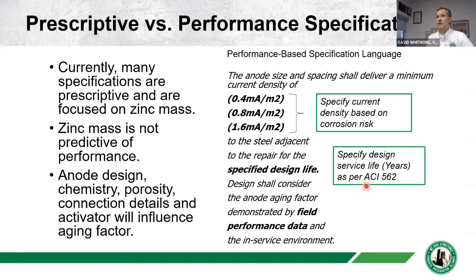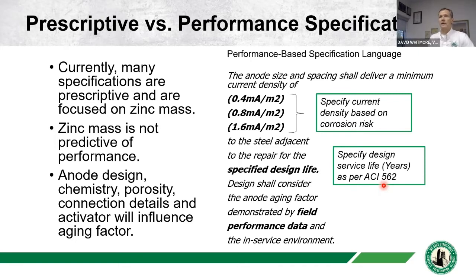ACI 562, which is the concrete repair code, has introduced this concept, and it's quickly gaining adoption, certainly in North America, where a specified design life for repairs is required.